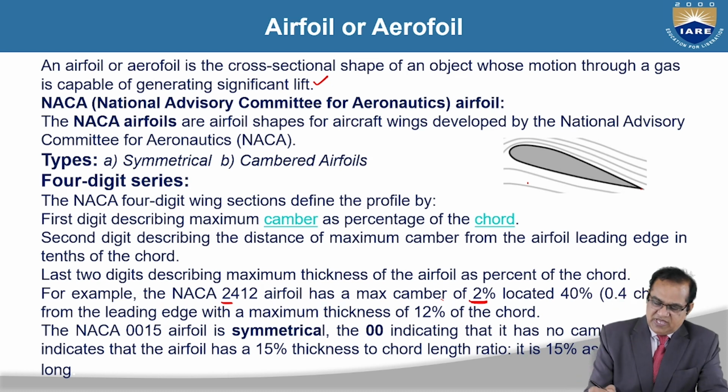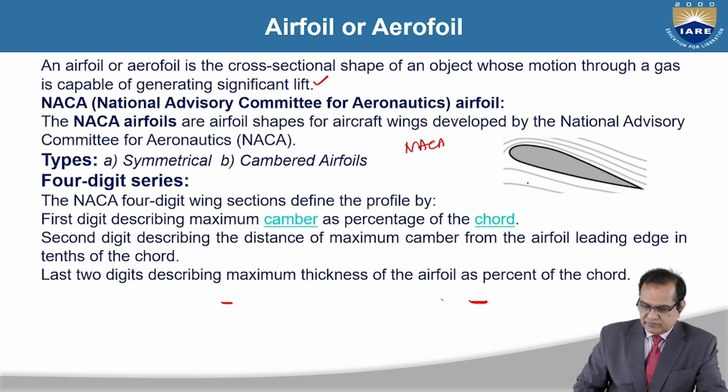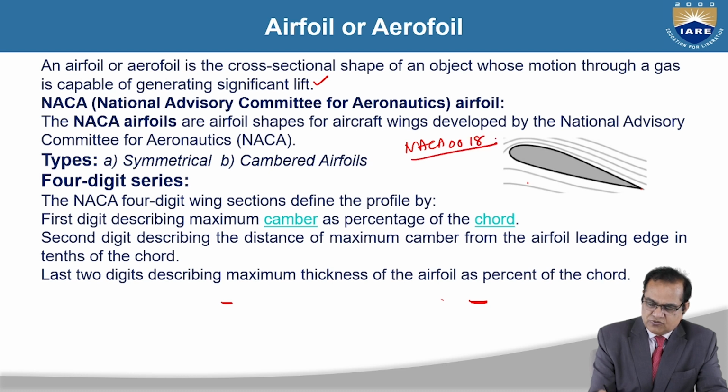So if it is NACA 0018, what is the meaning of this? 00 means it is a symmetric airfoil, and 18 is 18% of the chord length.